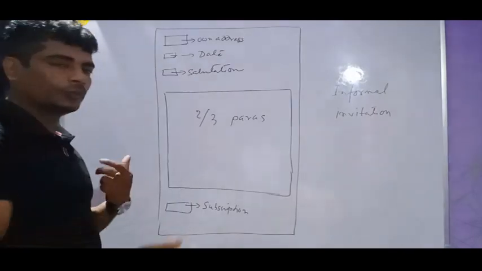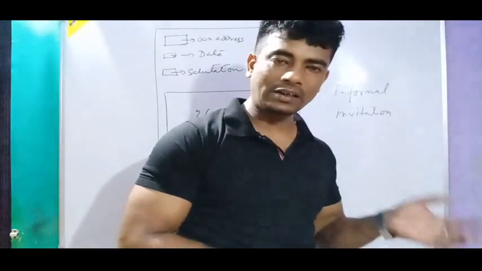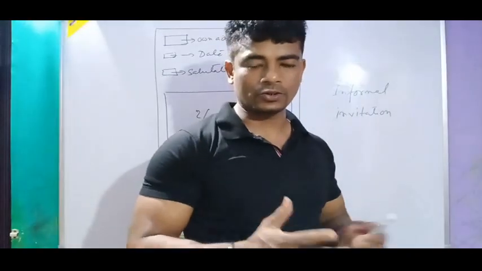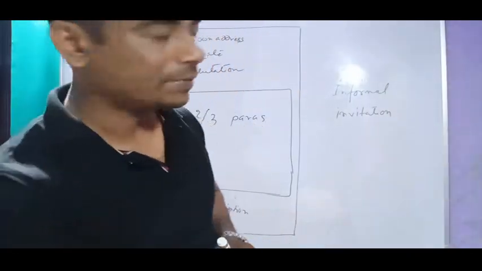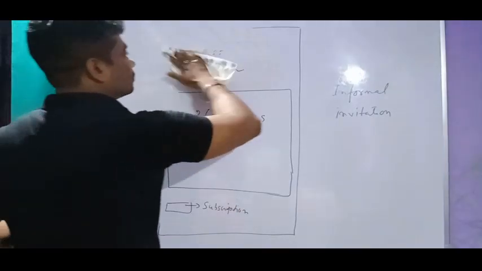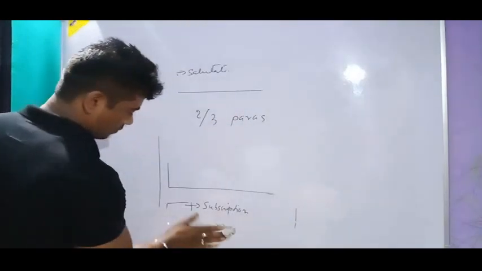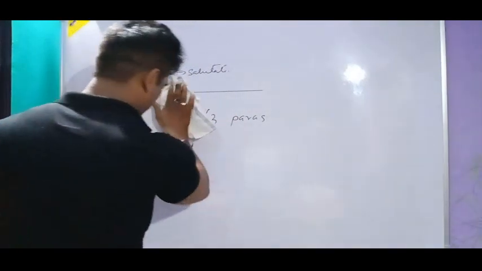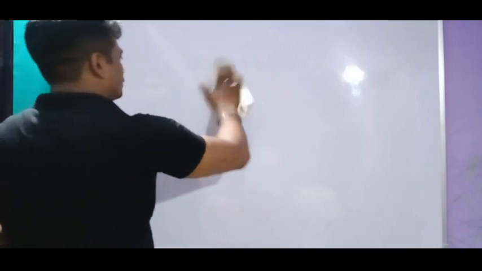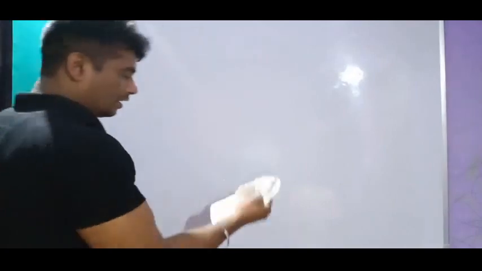Then you post this informal invitation to someone. Now I will write an informal invitation. I will show you. This is a format only. Let me erase this format. The question will be the same as I gave earlier.